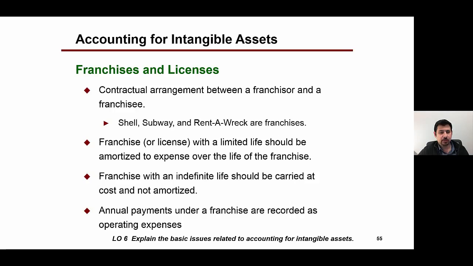Another kind of intangible assets are franchises and licenses. Here, the franchisor allows the franchisee to sell products or to provide services, use trademarks, etc., within a certain geographical area, and in return for a certain fee or charge.